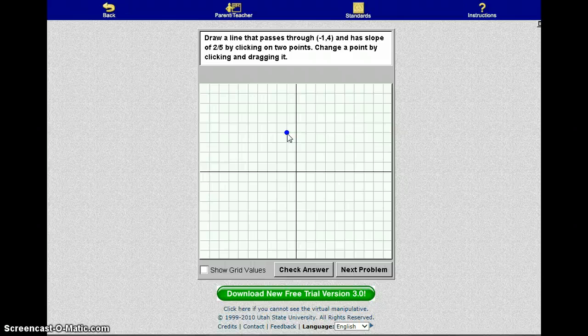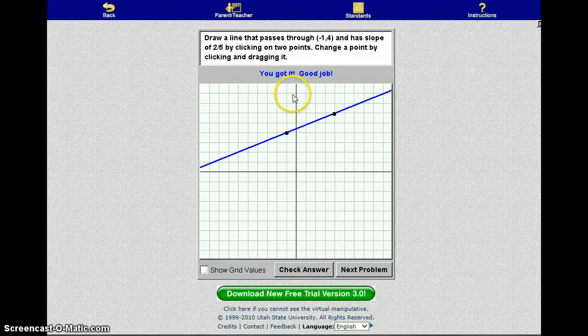But if we meet these conditions, that is 2/5, we're saying that it rises 2 units and it runs 5. 2, 3, 4, 5. Now we have the inclination. We can check our answer, and it says you got it. Good job.